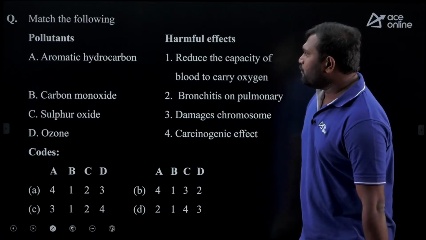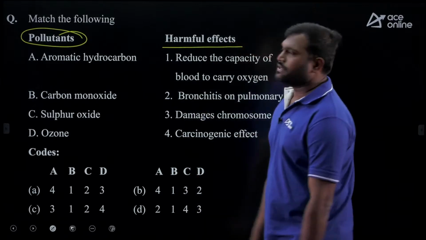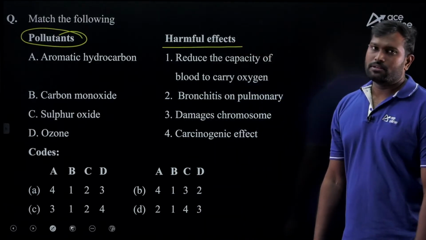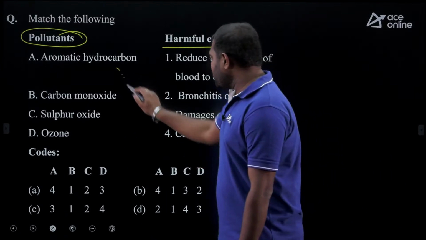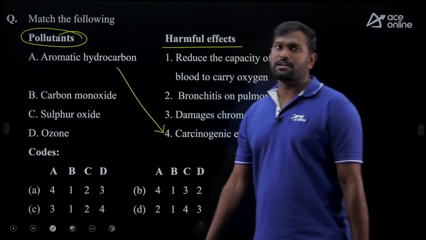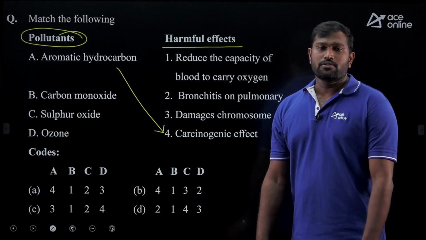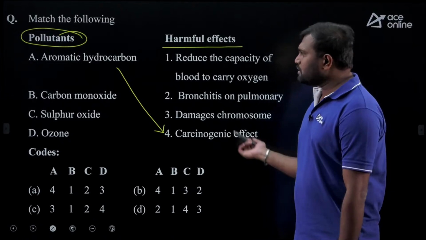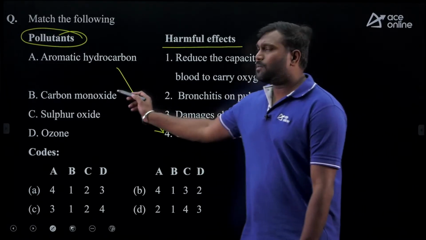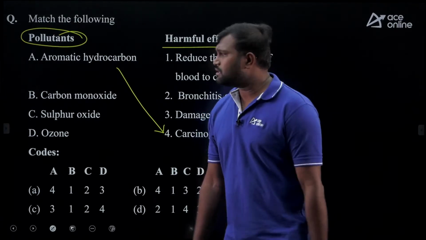Now, match the following. They have given the pollutants and their harmful effects. Aromatic hydrocarbons are carcinogenic in nature. Whatever hydrocarbons are generated from automobiles, diesel engines or generators are carcinogenic in nature. And carbon monoxide, we know, is the major pollutant in the case of automobiles.